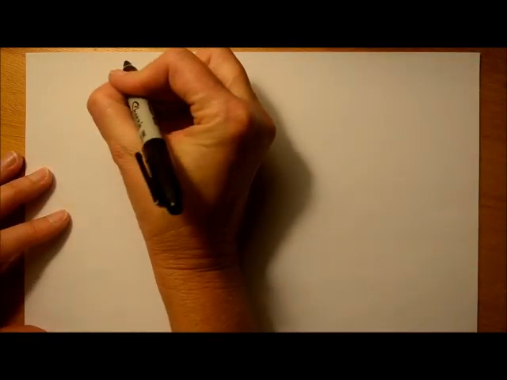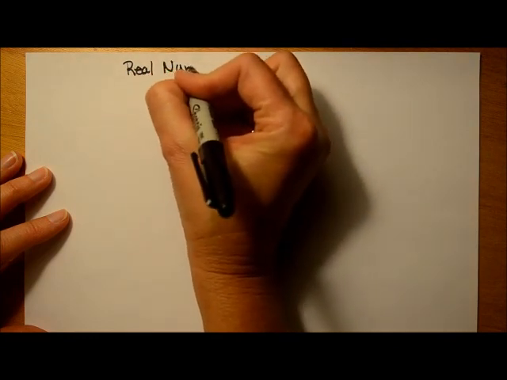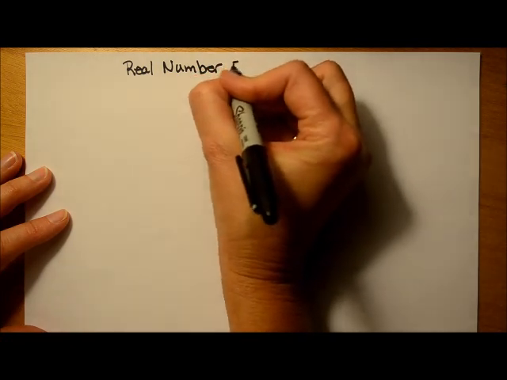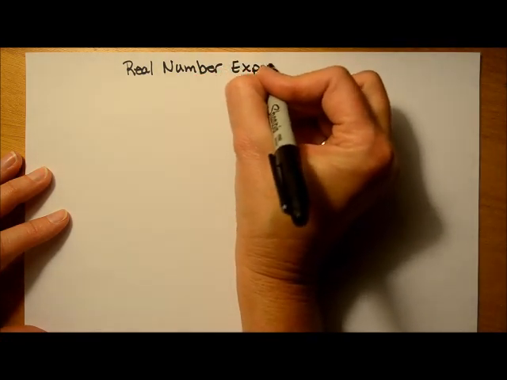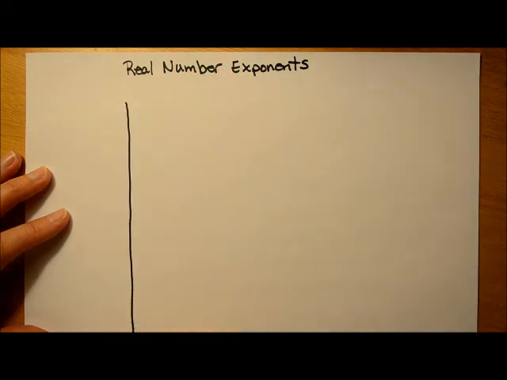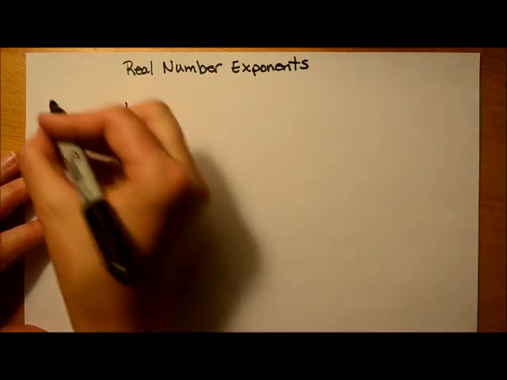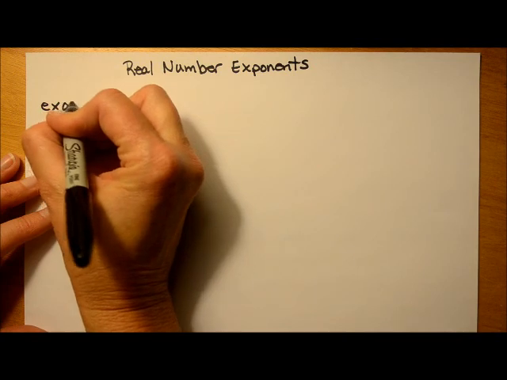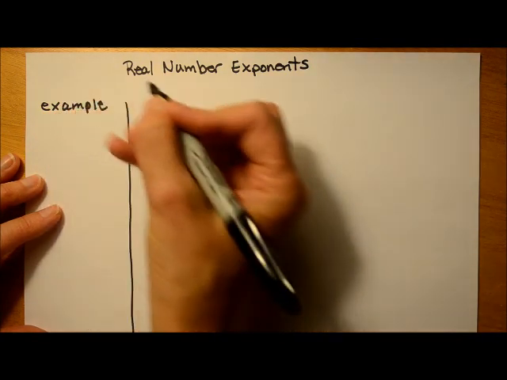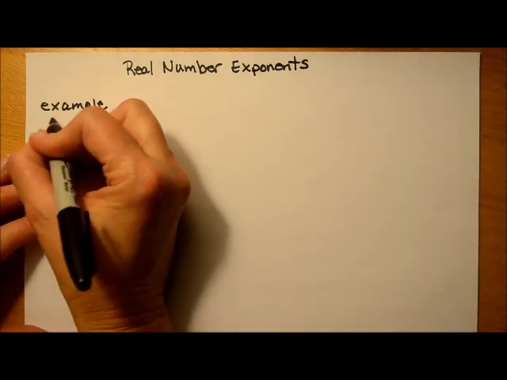Next we still have our real number exponents. This time we are going to do an example with a quotient, and then we'll do one with everything, and that should be it for examples of this process.